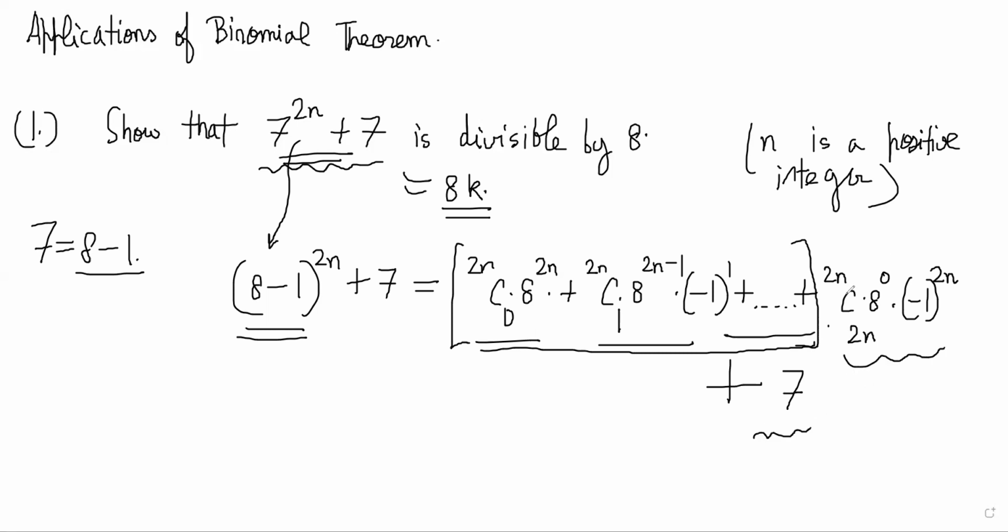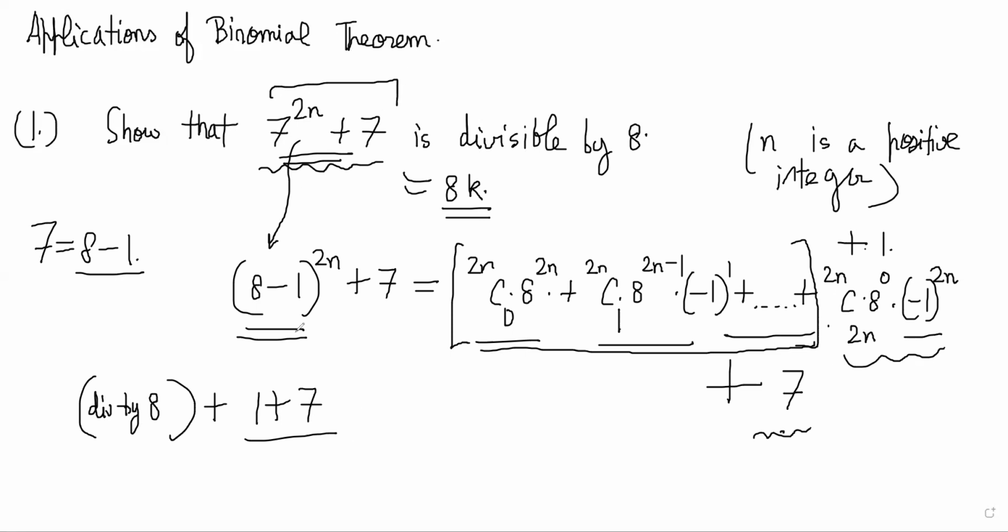If you see, this is just 1, plus 1, because 2n c2n is 1 and this is 1. So it's plus 1 plus 7, right? So you're getting something divisible by 8, plus 1 plus 7, which is 8. So the overall thing becomes divisible by 8, right?